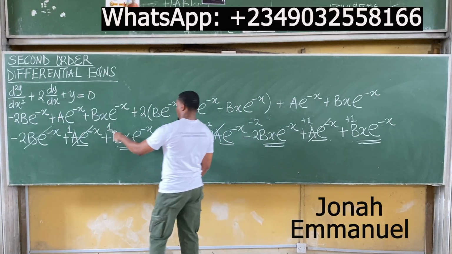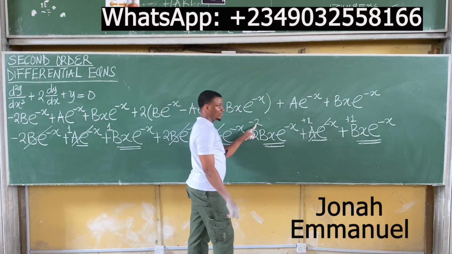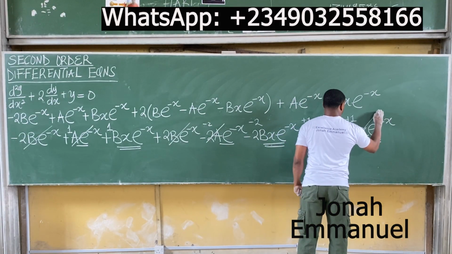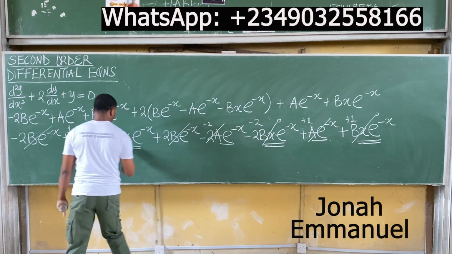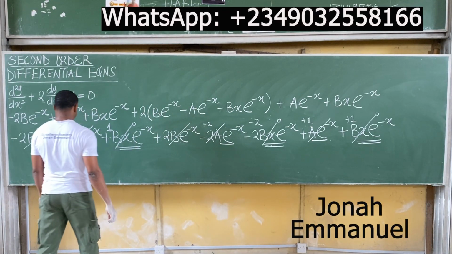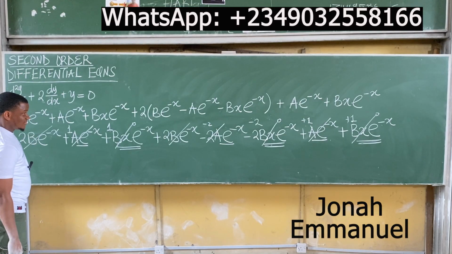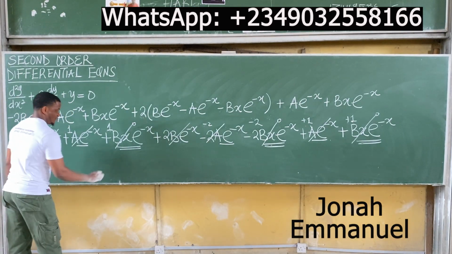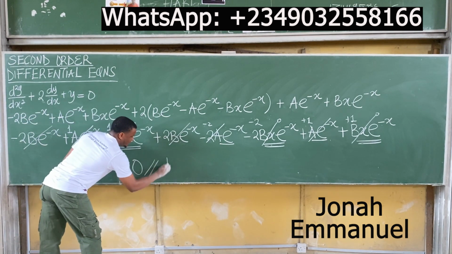So it becomes 1 minus 2, that is minus 1, and minus 1 plus 1 becomes 0. It cancels out. What do you observe here? What is left? This is equal to 0. Now say proven.